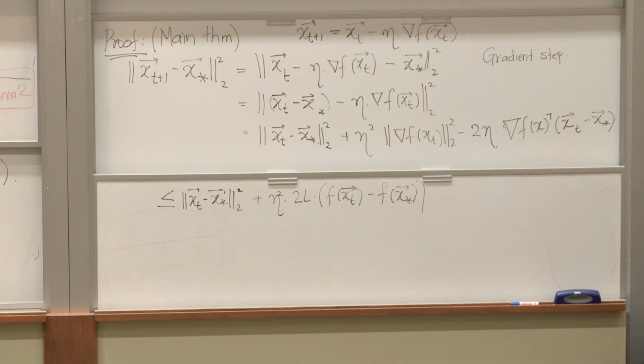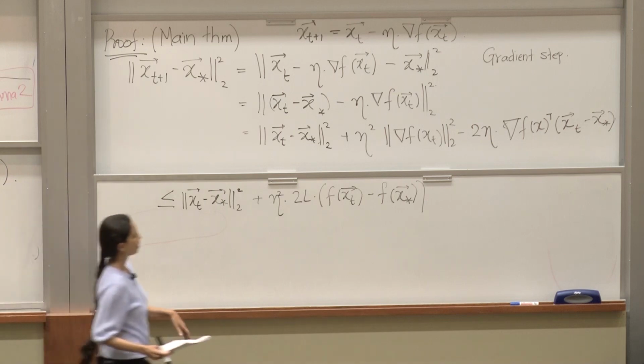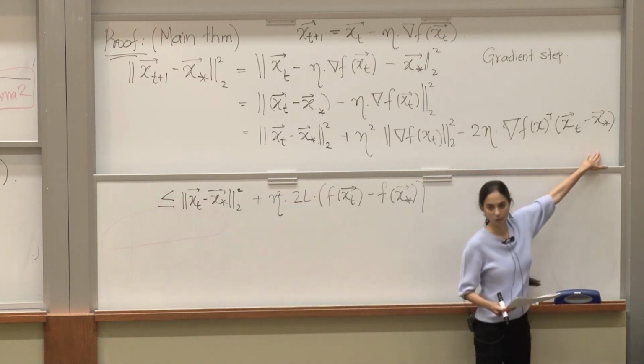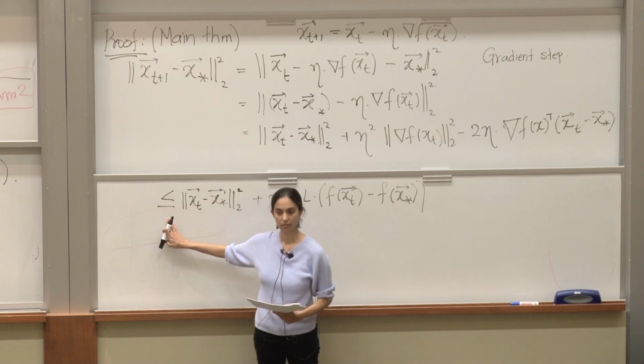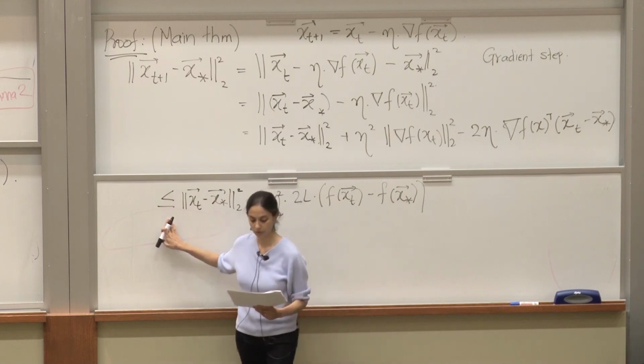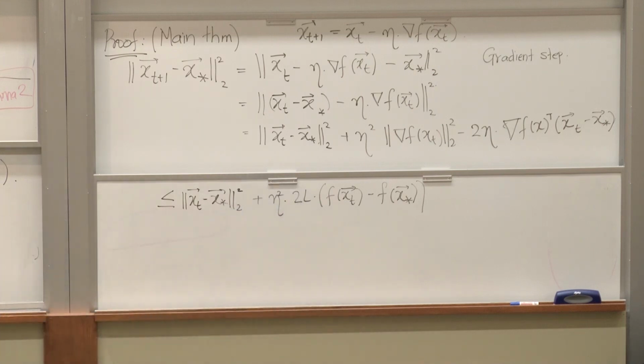So what the mu strong convexity is giving me is that the gradient of xt times xt minus x star is bigger than some quantity. Here, I have the negative of that quantity, and I want to say that it's less than something. So basically, I can substitute in exactly this.